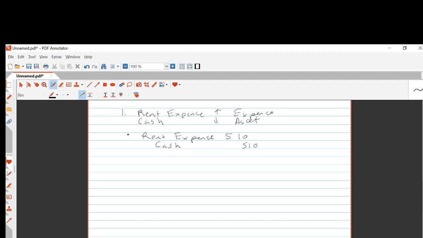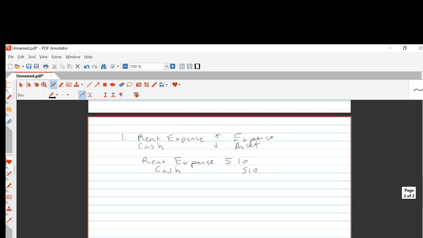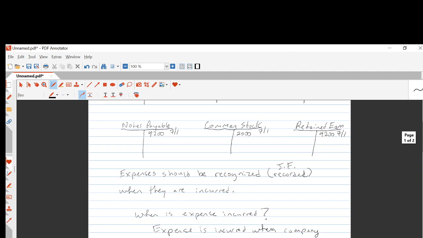I guess technically you would put the date. There's the actual entry, and then you would write a 1-sentence description of what it's for. Paid rent for July or something like that. I'll skip those steps, and we'll just leave it at this right here. Now let's go update the T account. Cash we credited for $510.